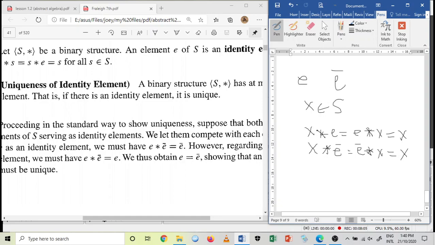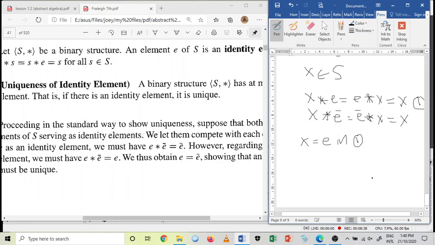Let us call the first equation equation 1. In equation 1, X can be substituted by any element in S. Substitute E bar for X in equation 1.